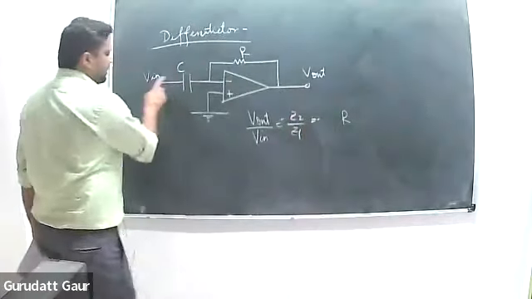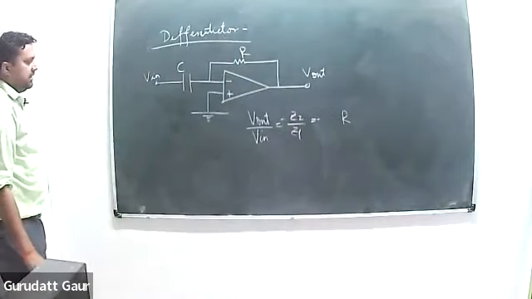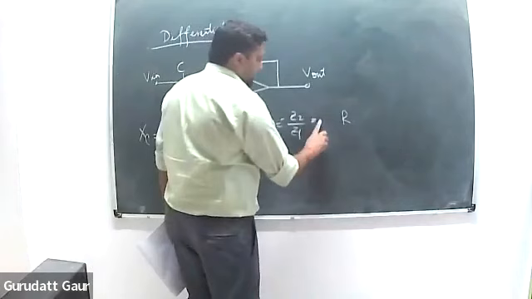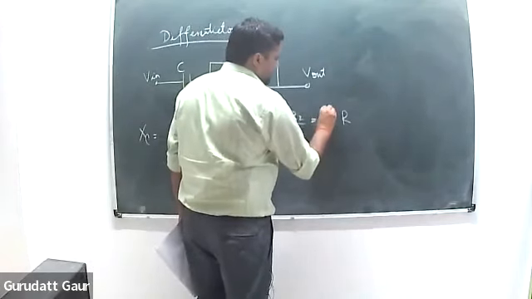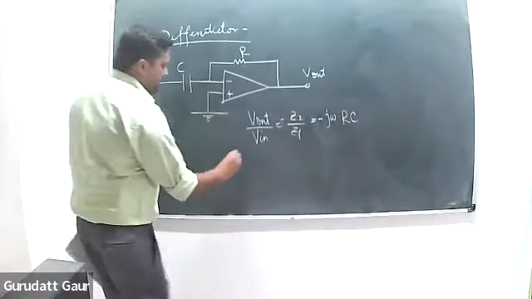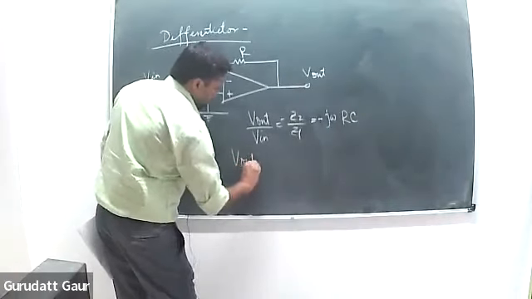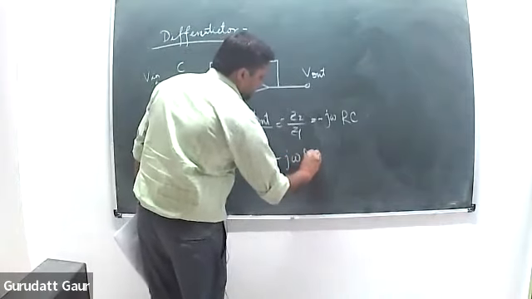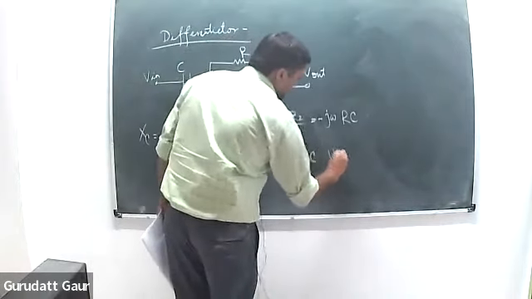And what is the impedance for this C? XC is 1 by omega C. I can use the phasor algebra. This will be 1 by J omega C. So V output is basically minus J omega RC times V input.